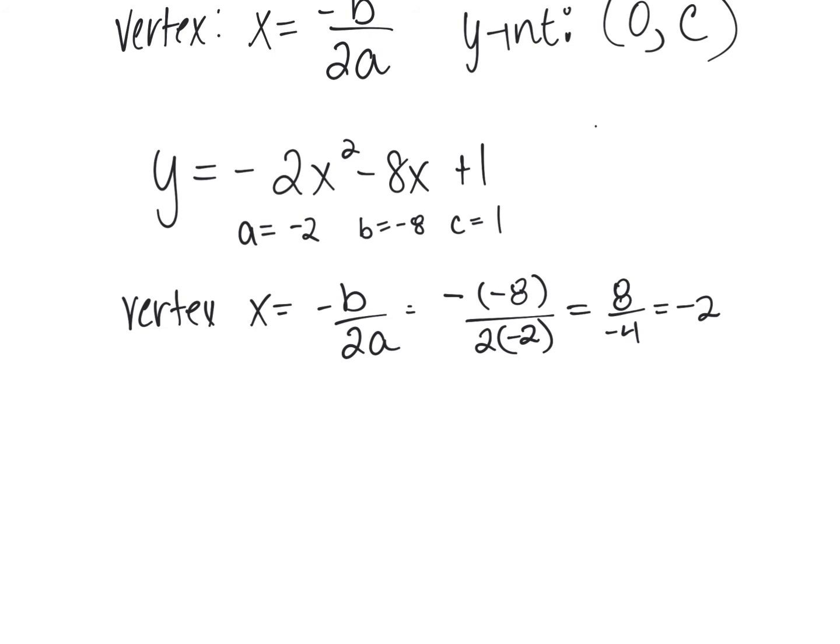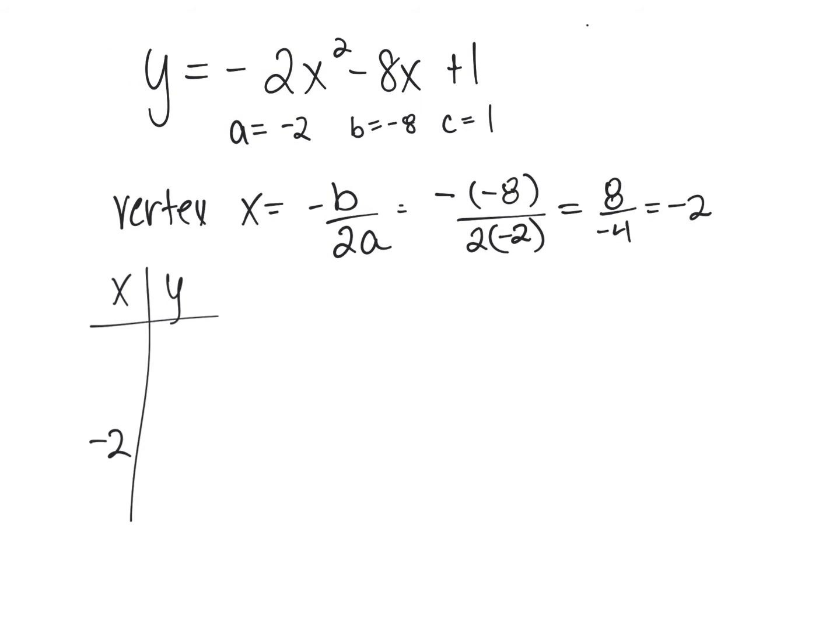Okay, so we know the x value of our vertex. We're going to make a table with that number in the middle. Just like we did yesterday, except we don't know the y value. So negative 2 is in the middle. You can do that now or when you make the table.